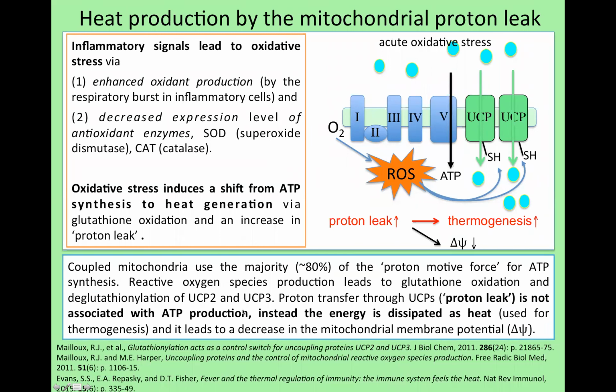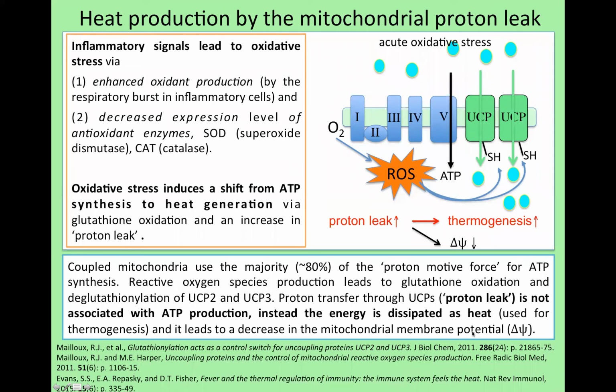We use UCP3 because that's present in the muscle cells. And through UCPs, a proton leak will be produced. So the protons will be released from the intermembrane space back into the matrix without ATP production. So heat will be generated from the stored energy. This one will destroy the mitochondrial membrane potential.